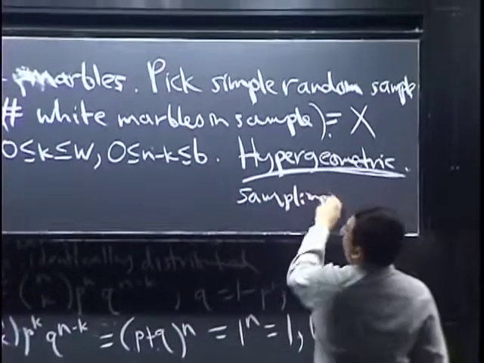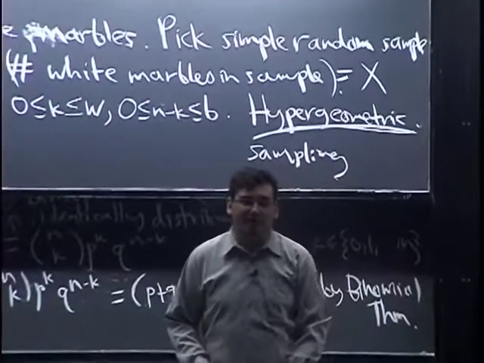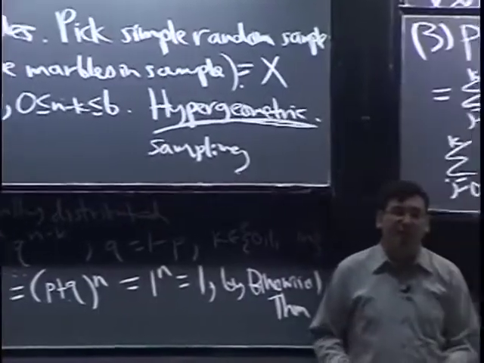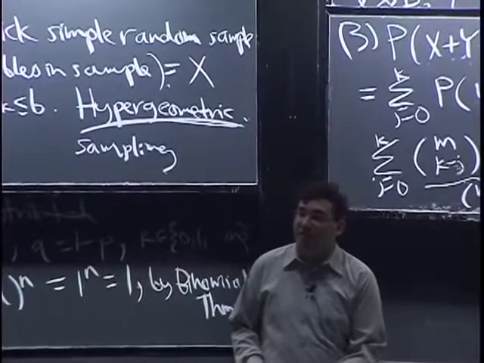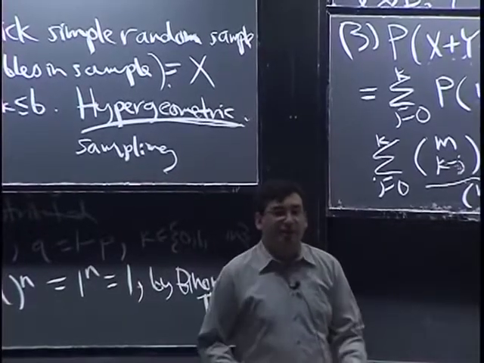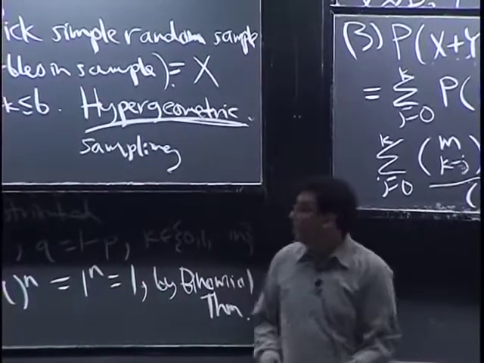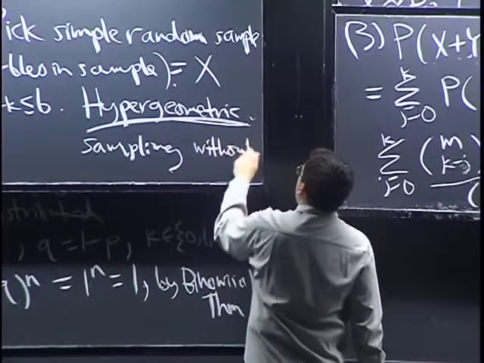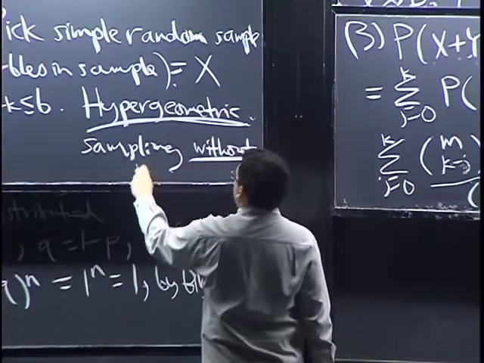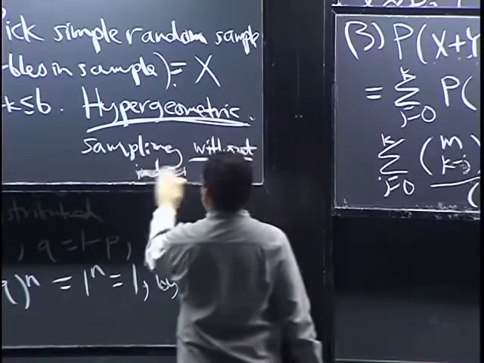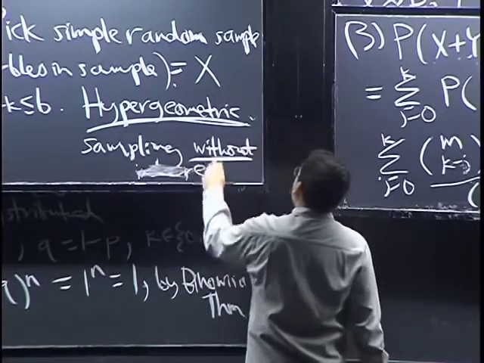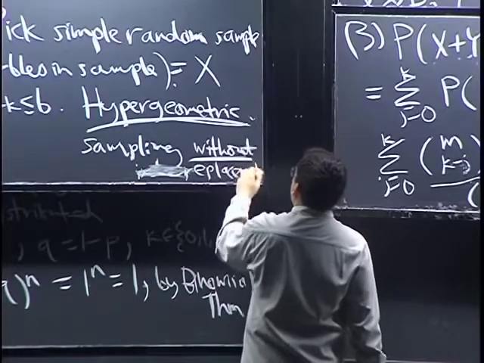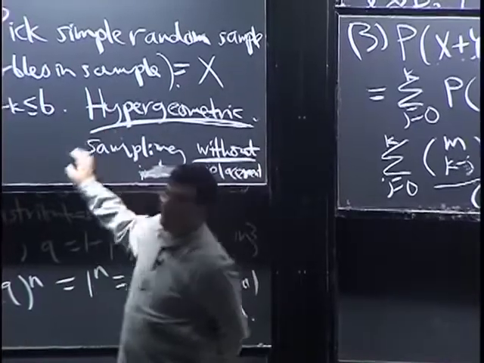If you picked a marble and put it back, and then you wanted the distribution for the number of white marbles, that would be binomial, because if you replace it each time, then you've just reset things and it's independent. But if you're sampling without replacement, then the trials are not independent, so we do not get a binomial. So that's a key distinction between hypergeometric and binomial.